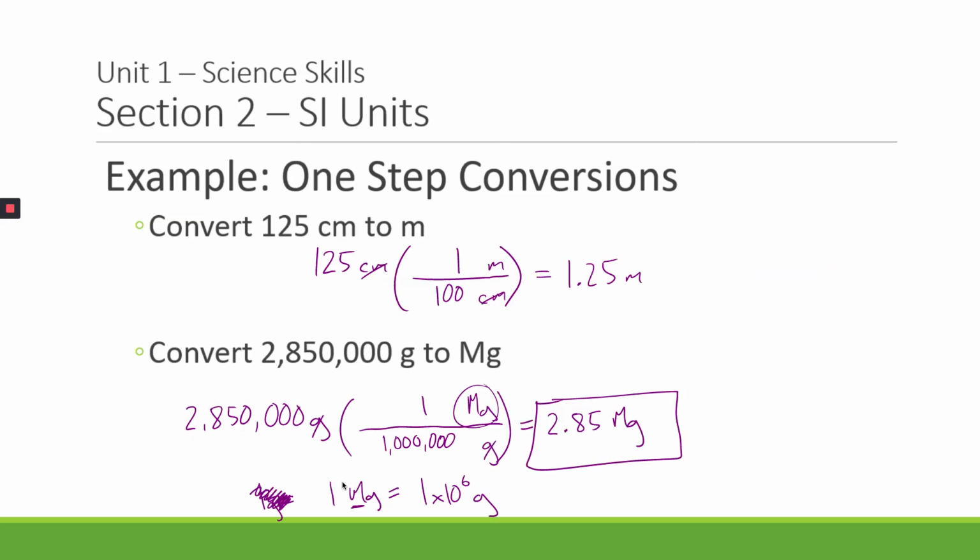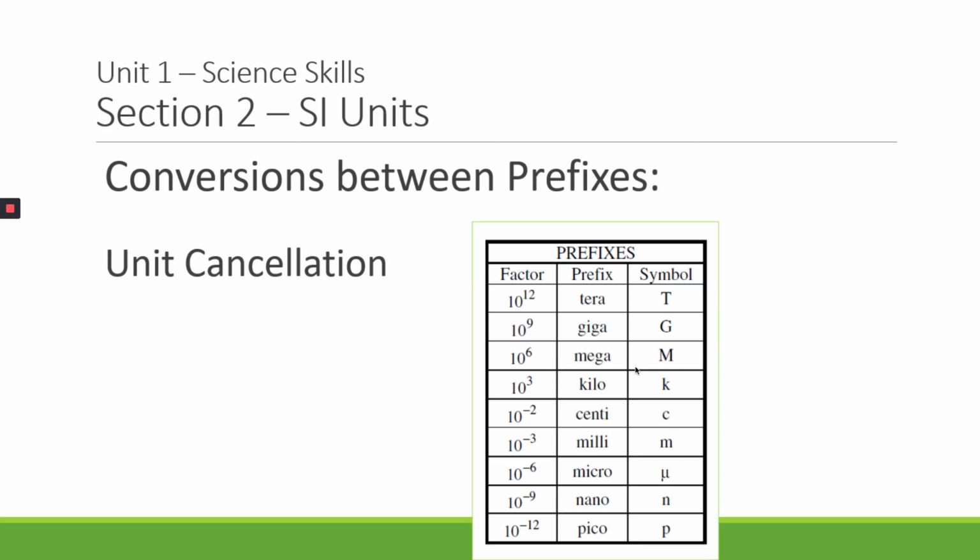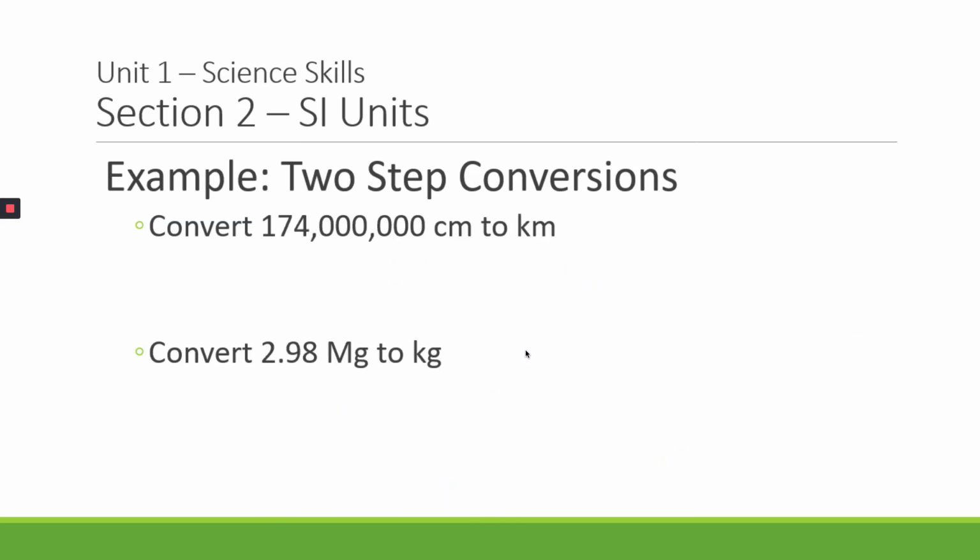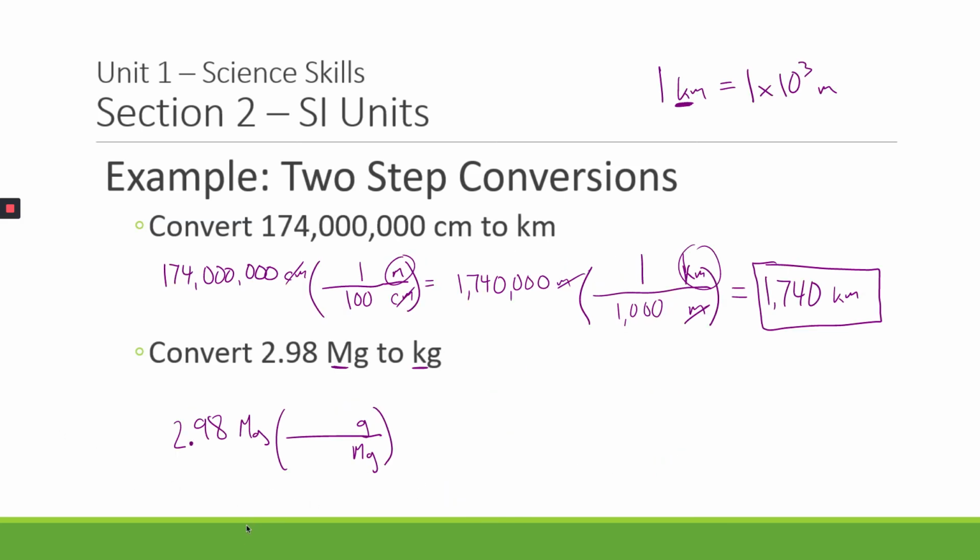Let's go back to our chart. Mega is 10 to the 6. So what that means is 1 megagram equals, I'm right there. Okay, we'll do it over here.